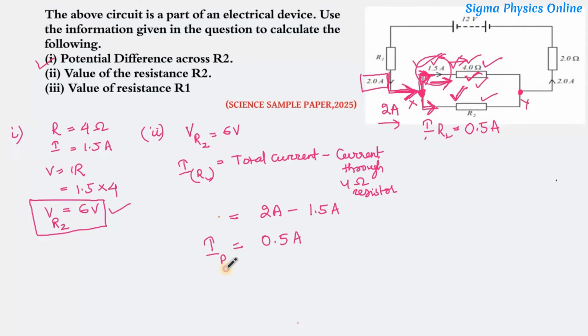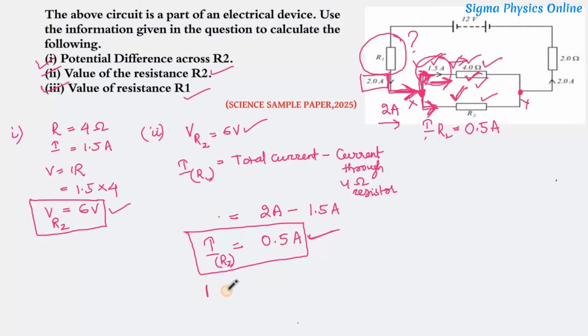So the current through the resistor R2 is 0.5. Let's find out the value of this resistance R2. We know the potential difference is 6 volt and the current passing through the resistor R2 is 0.5 ampere. So the value of resistance R is V by I from Ohm's law.